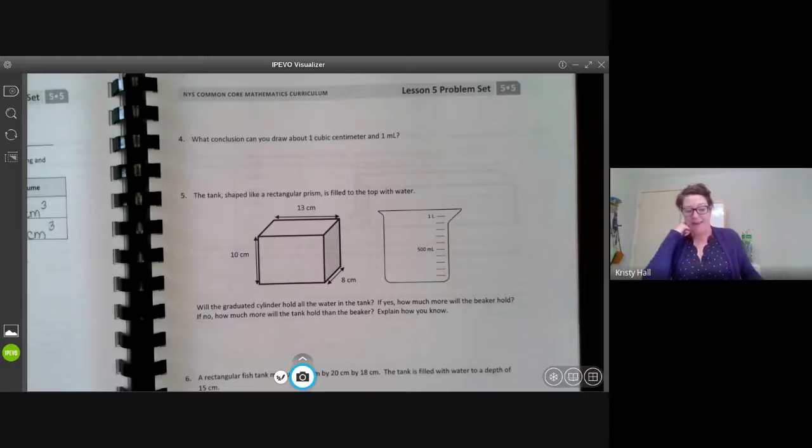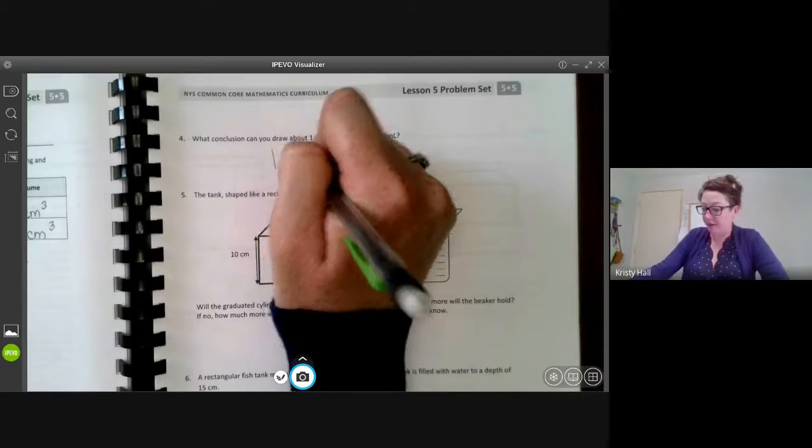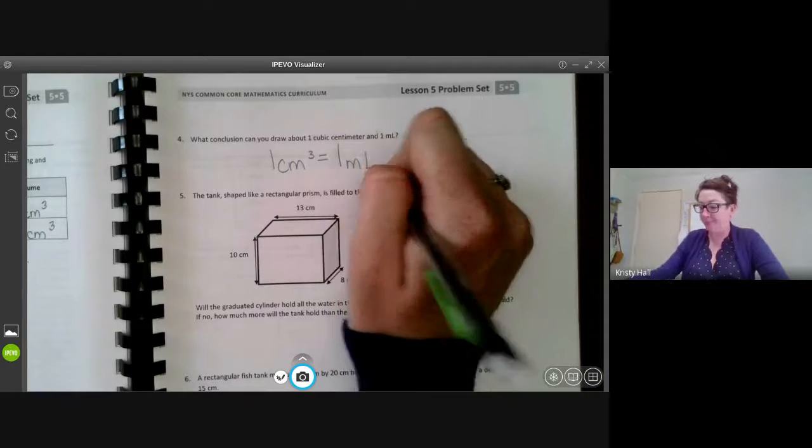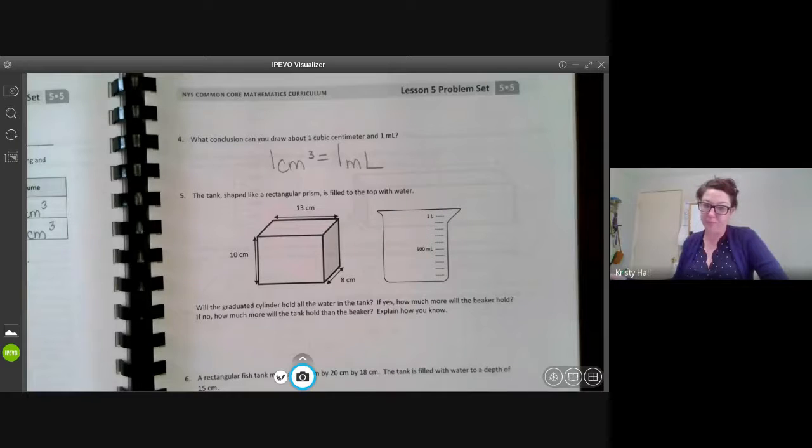Well, who can remind us what the relationship is between a cubic centimeter and a milliliter? What's the relationship? They're equal. Yeah, they're exactly equal. So 1 cubic centimeter is equal to 1 milliliter. They're exactly the same.